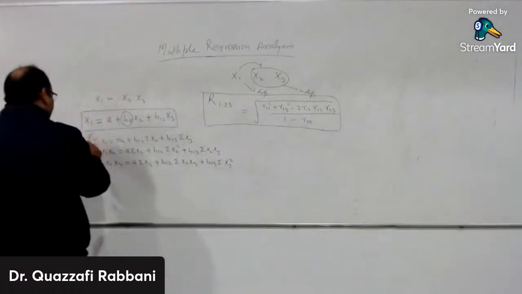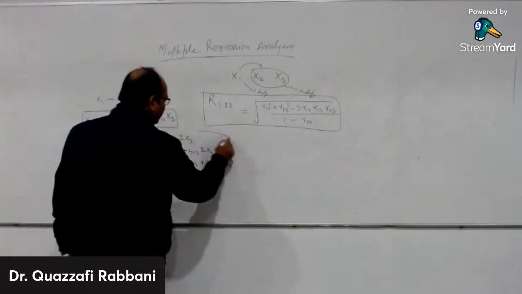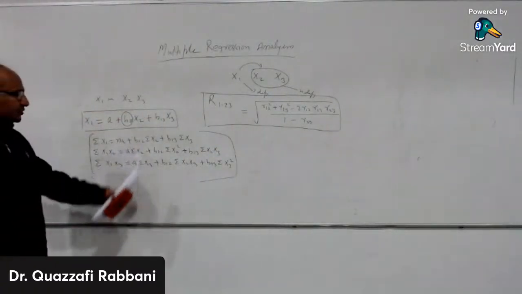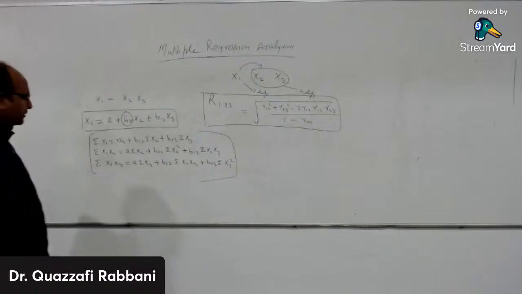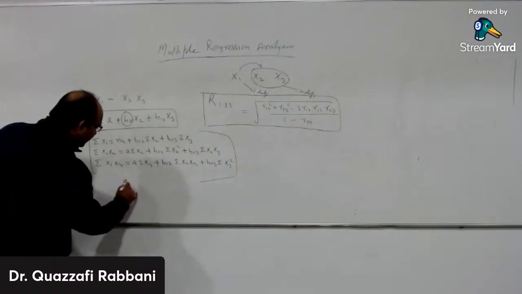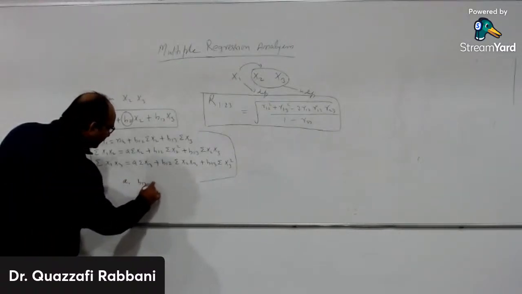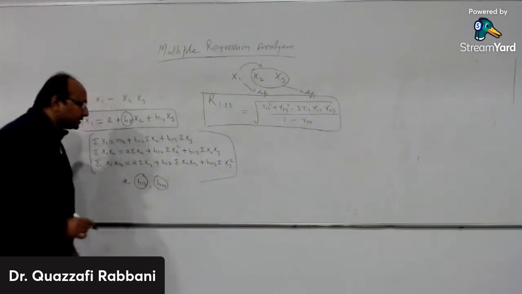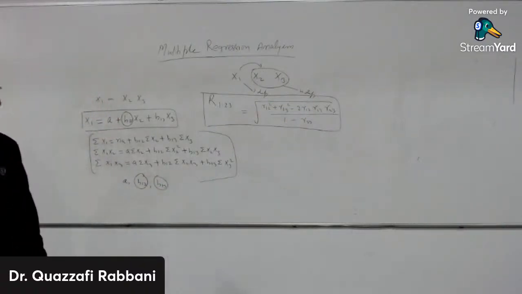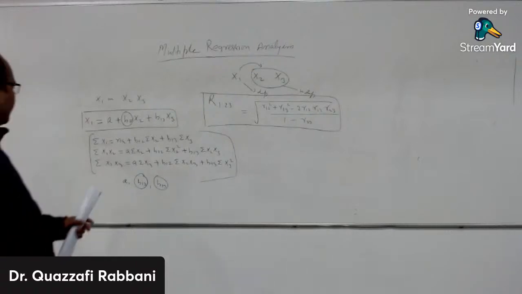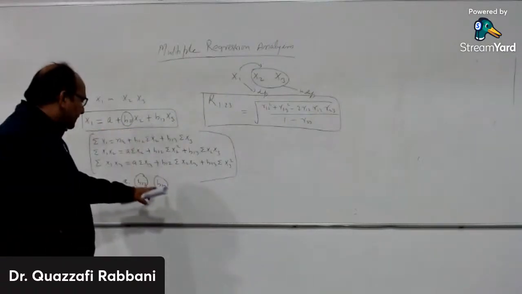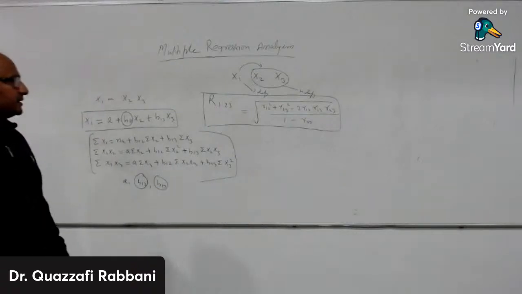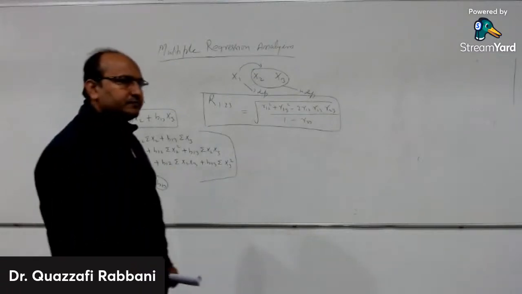So these three equations are the normal equations. Using these three equations, you will get the value of A, B12 and B13, where B12 and B13 are regression coefficients. B12 is the regression coefficient between x1 and x2, and B13 is the regression coefficient between x1 and x3.